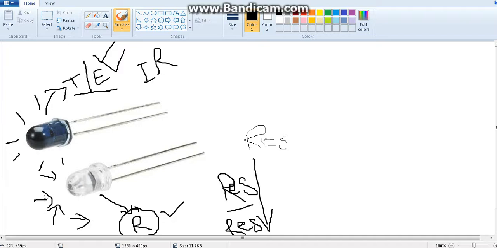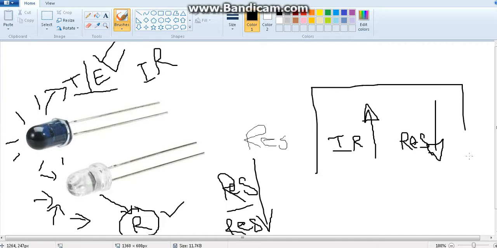If more IR rays are falling on the receiver, the resistance of the receiver will be low. So as the IR rays falling increase, the receiver resistance will decrease. This is the important thing.